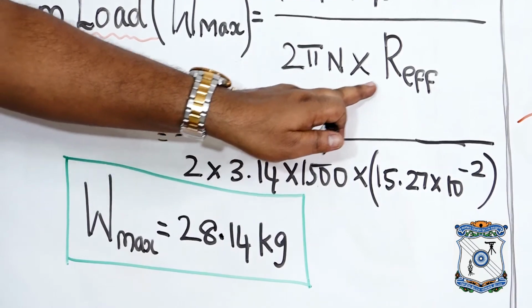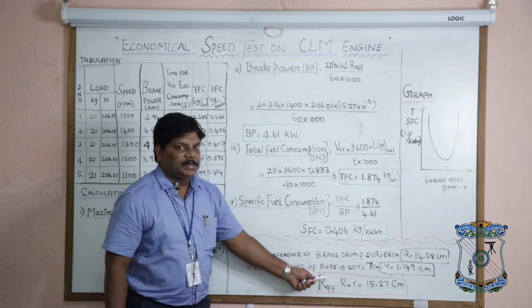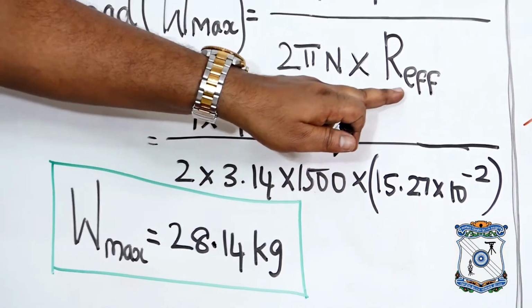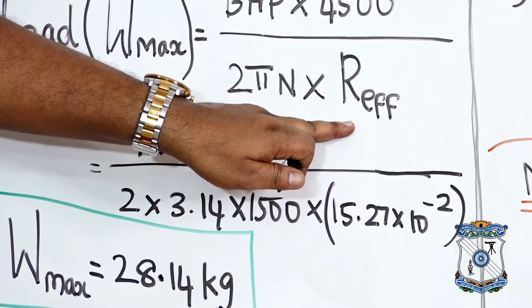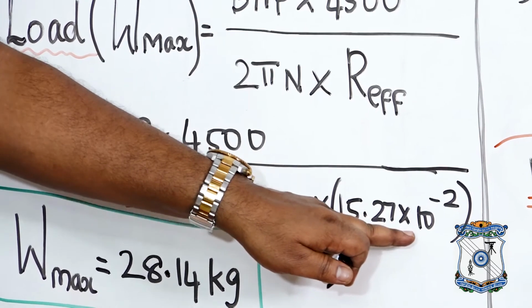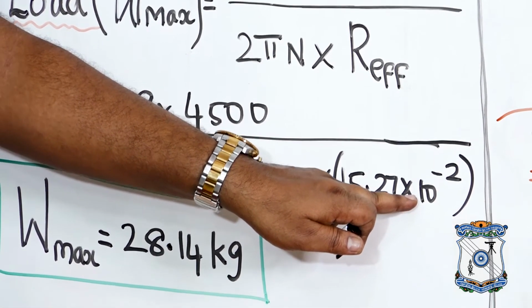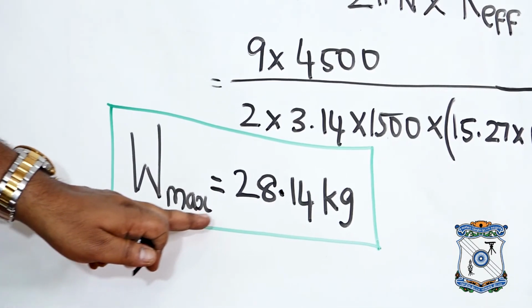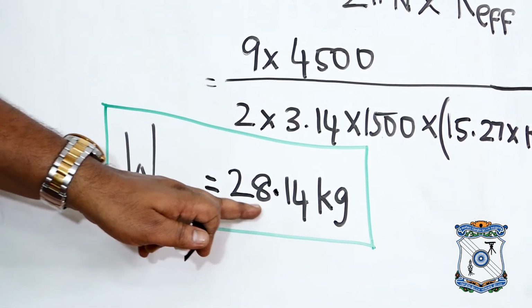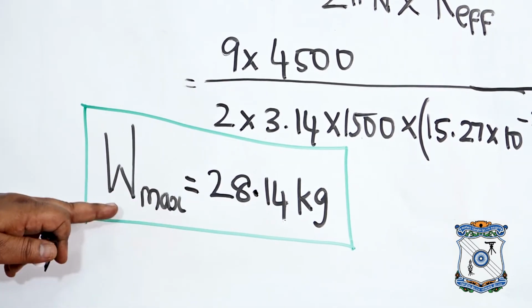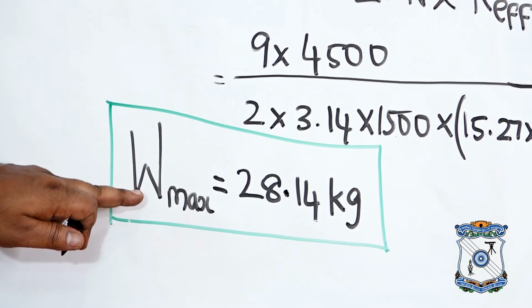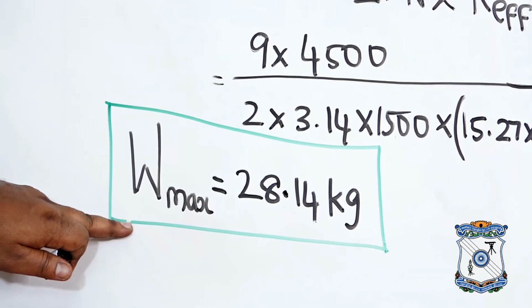The rated speed is 1500 into R effective, that is 15.27 into 10 power minus 2. We have measured the effective radius as 15.27 centimeter, so you convert this into meter, divided by 100, that is into 10 power minus 2. You will get the maximum load as 28.14 kg. So this 28.14 kg is taken as the maximum load.